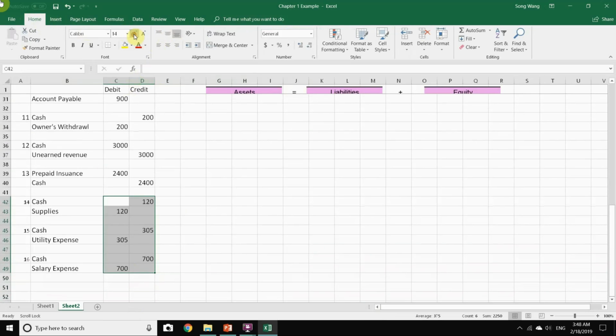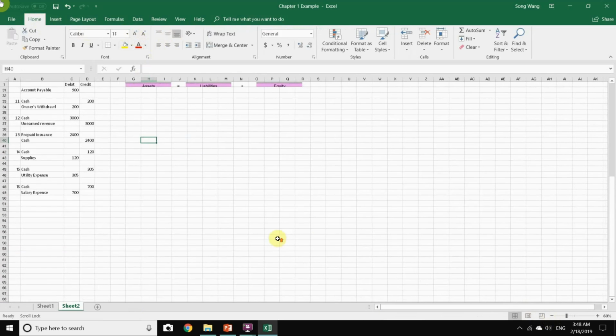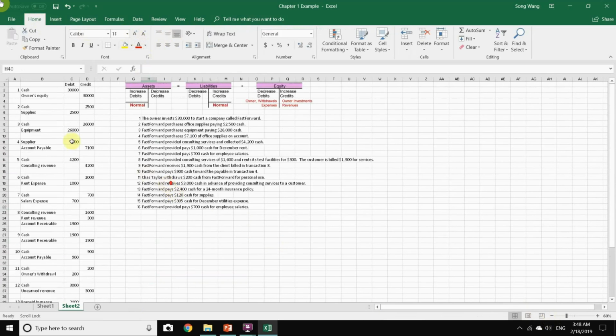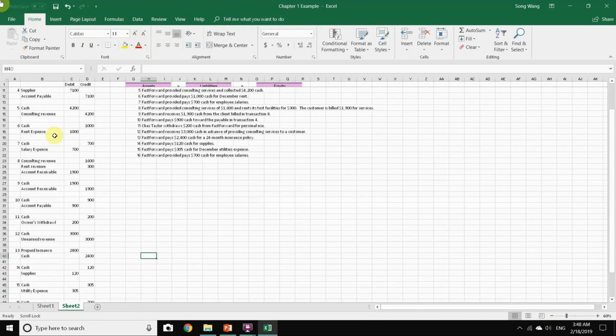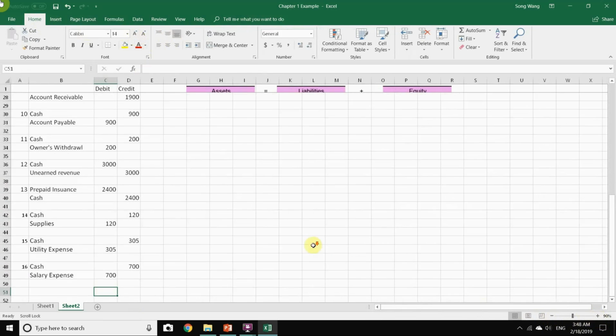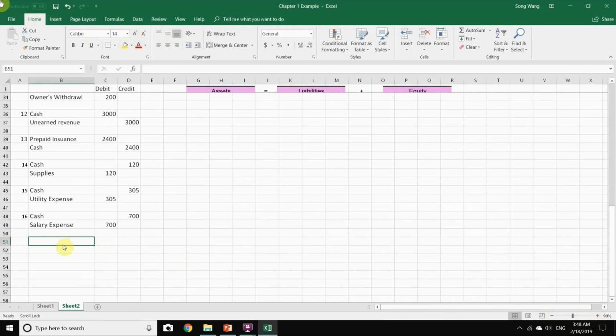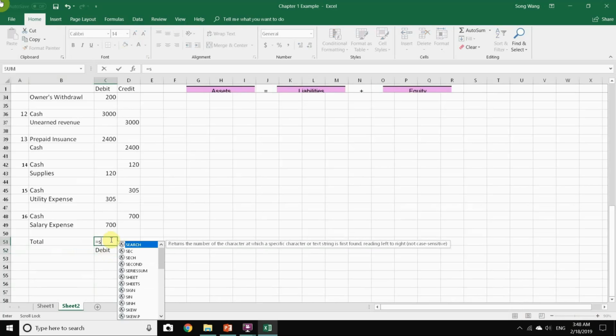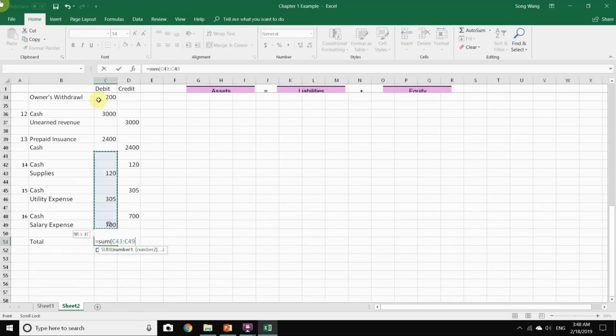All right, just increase the font. All right, so now let me zoom out a little bit. So these are all the transactions I have put here. So if I give a total balance, you will see my total. So for this debit, it is a sum of all the numbers above.